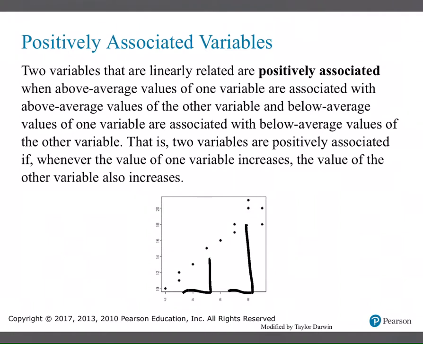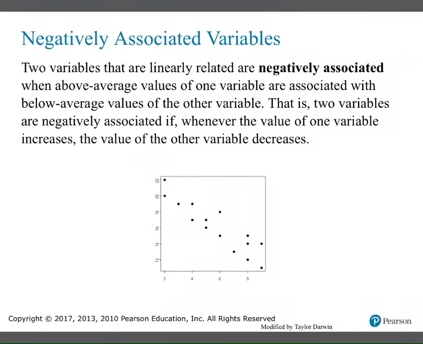And it kind of works backwards too. As these decrease, then these variables decrease as well. So basically, it always goes up when they're positively associated, reading it from left to right. And again, as one variable increases, the other variable increases.